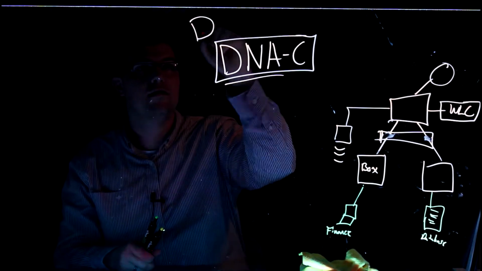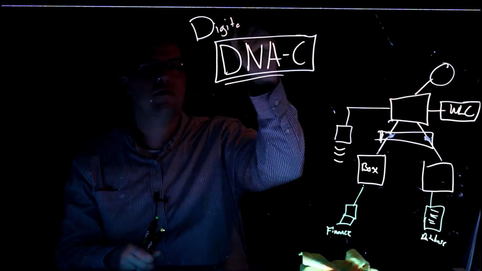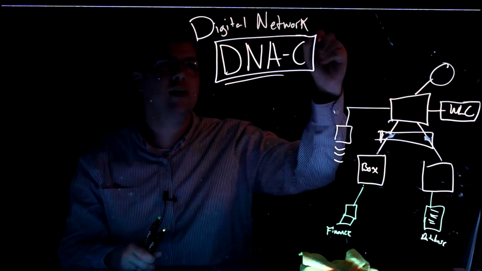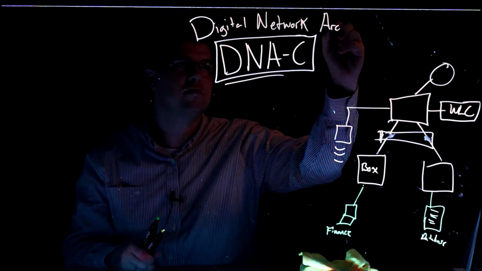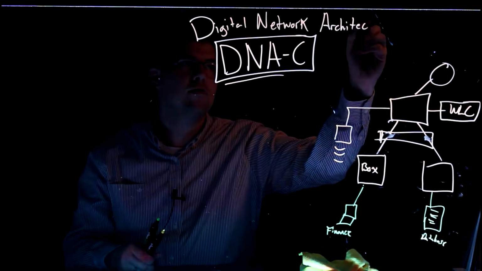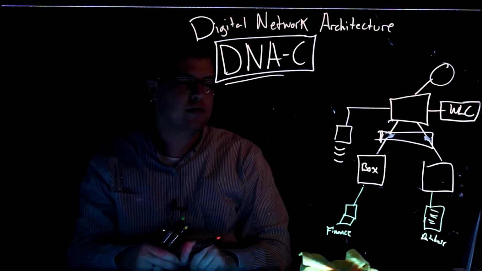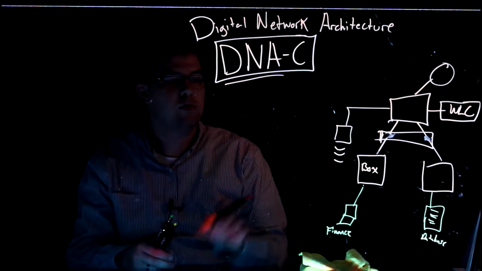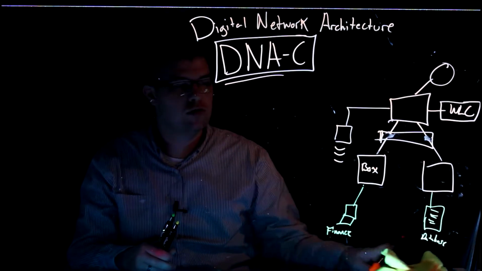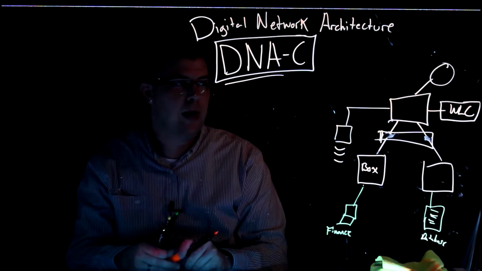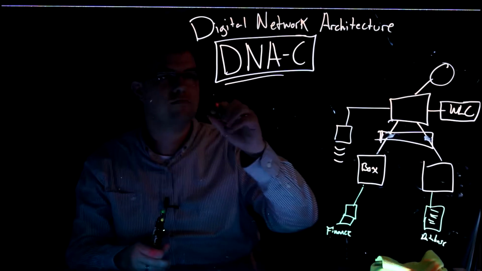Let's try the digital network. Still has elements of software control, still has elements of that centralized control, but rather than giving that power to our applications, we hold that power close for the enterprise.